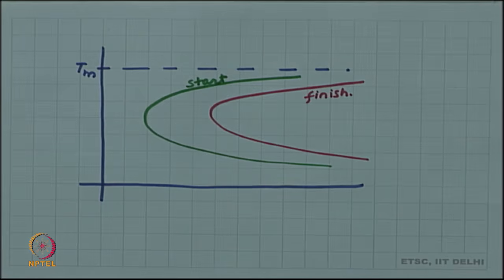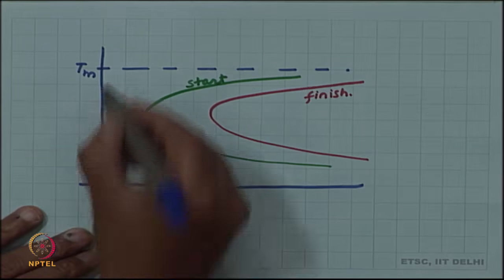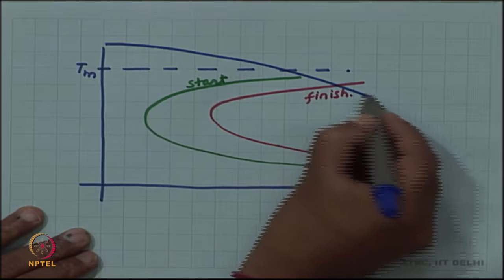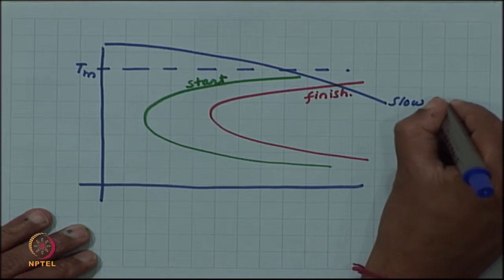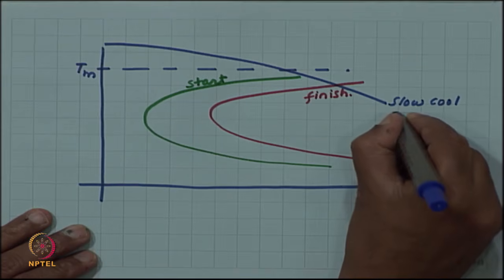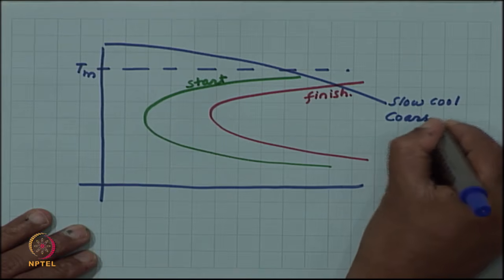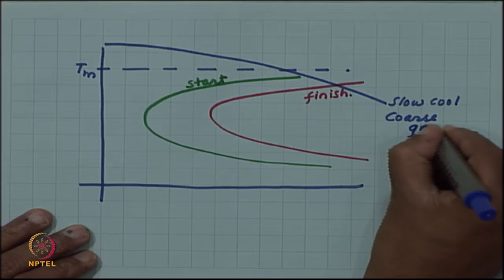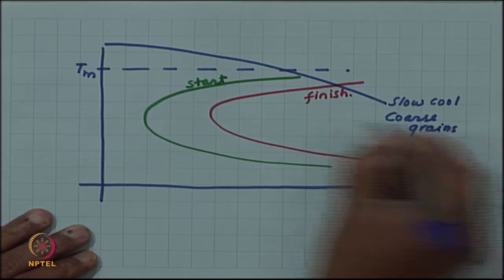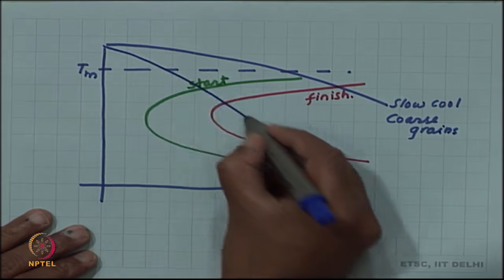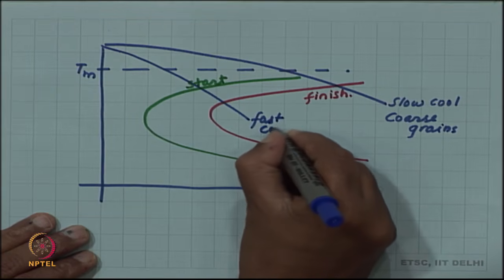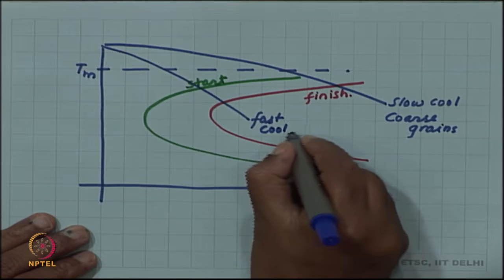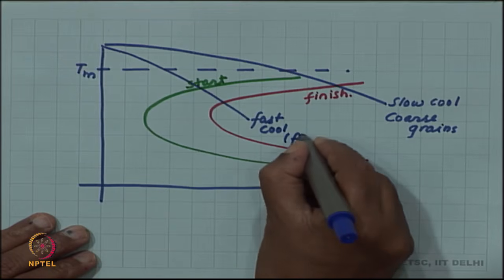So, we saw that a slow cooling gave us coarse grain, and a faster cooling gave us fine grain.